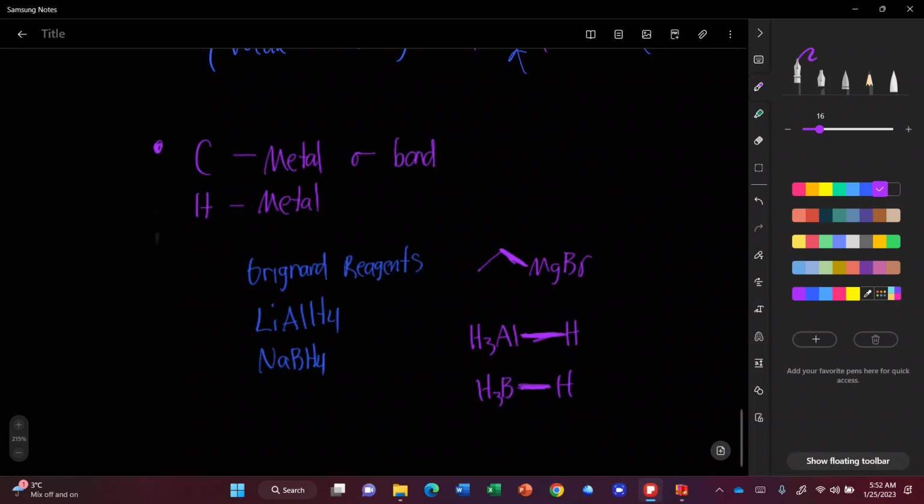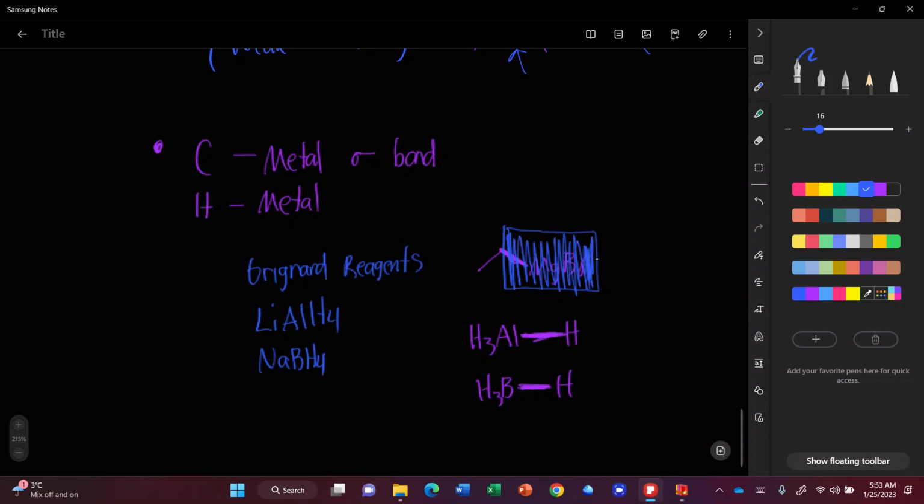One thing I always recommend people do, if you're confused about the mechanisms for how these types of nucleophiles operate, whenever you see a Grignard reagent, the easiest way to think about what it is and how it's going to react is to take the bond to MgBr and imagine you put a box around it.